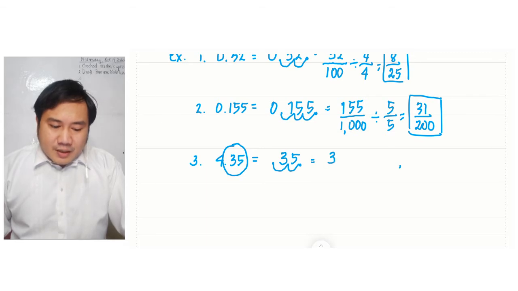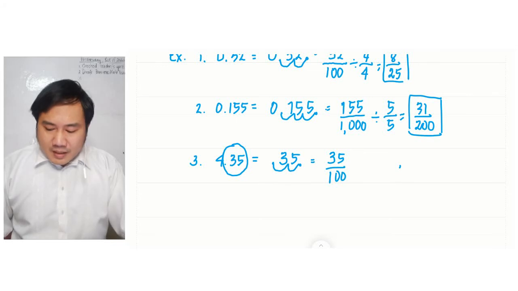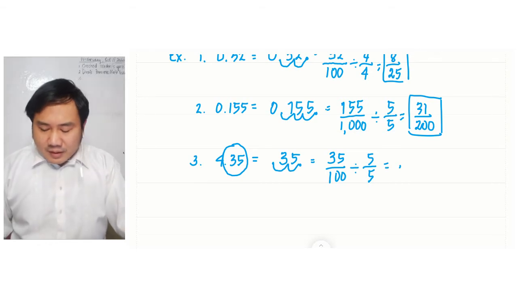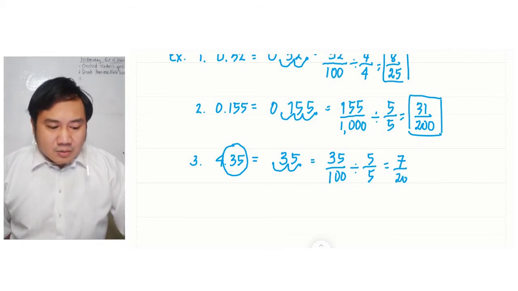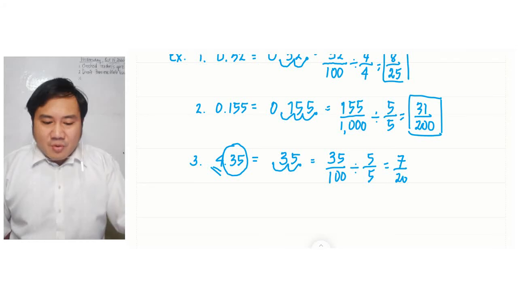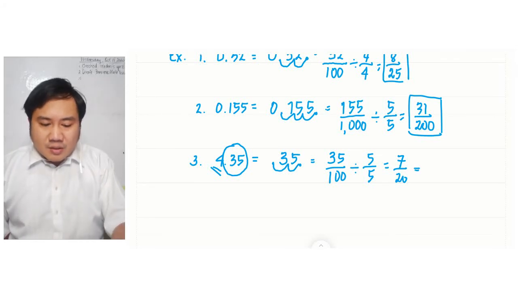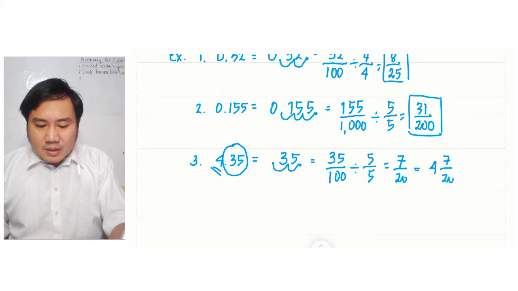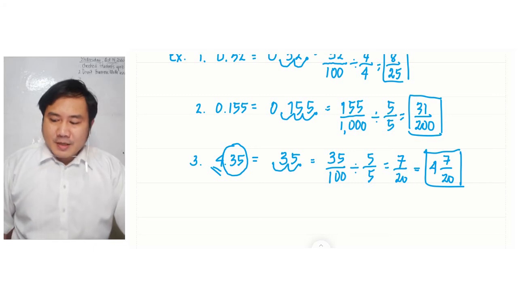So, that's 35 over 100. And then, we can reduce it to lowest term by dividing the numerator and the denominator by 5. So, 35 divided by 5 is 7 over 20. Then, tsaka na lang natin siya idagdag dun sa natitirang whole number na 4. So, our final answer is 4 and 7 over 20. Okay?